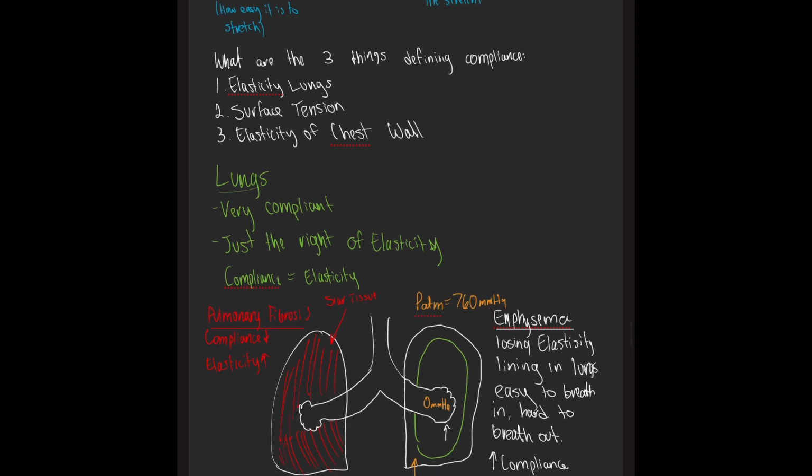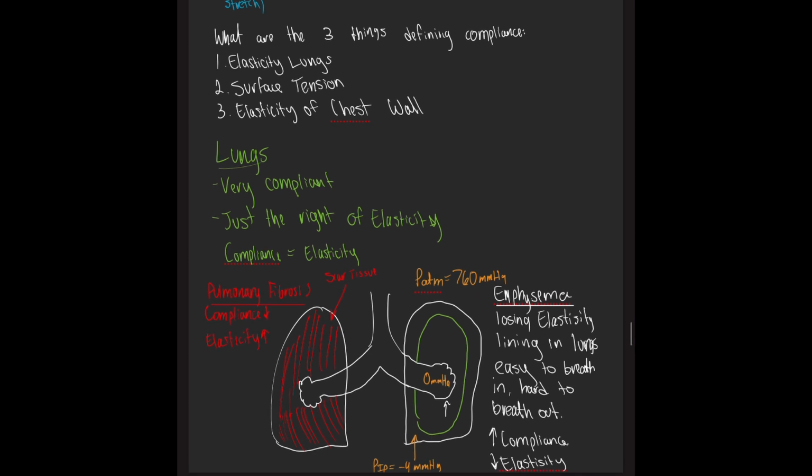There are three things that really help with defining compliance: the elasticity of the lungs, surface tension, and the elasticity of the chest wall. So how are the elasticities going to affect our compliance? They're inversely correlated.